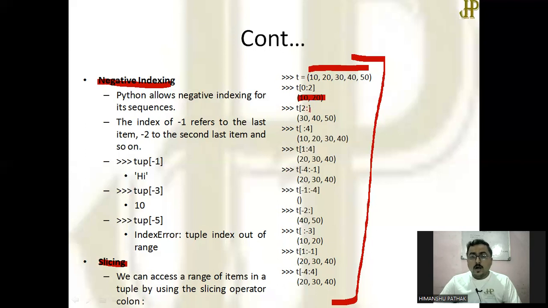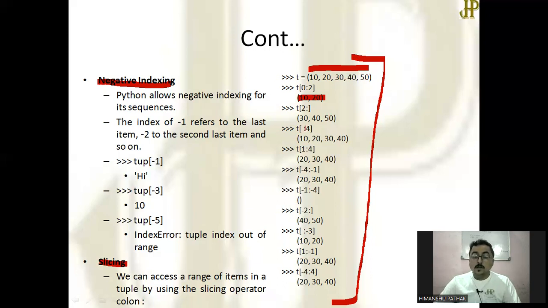Now I ignored the last element. So it simply indicates starting at the 2th position and moving up to the last element of the tuple. So it will show 30, 40, and 50.